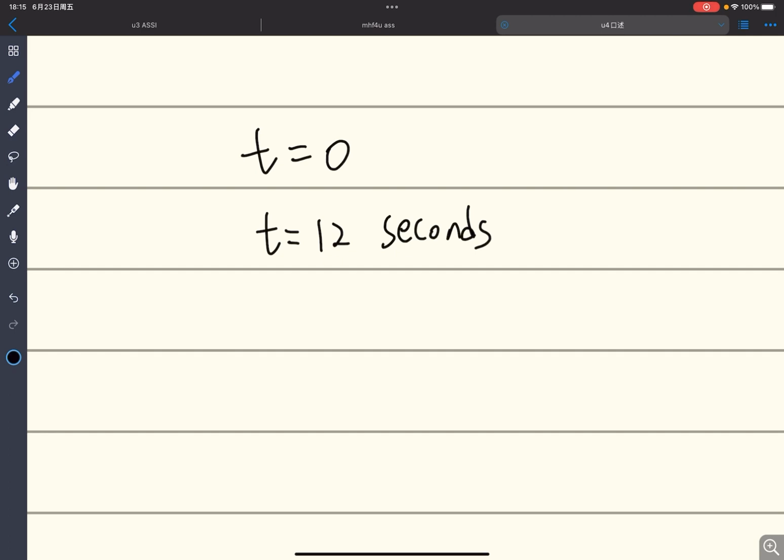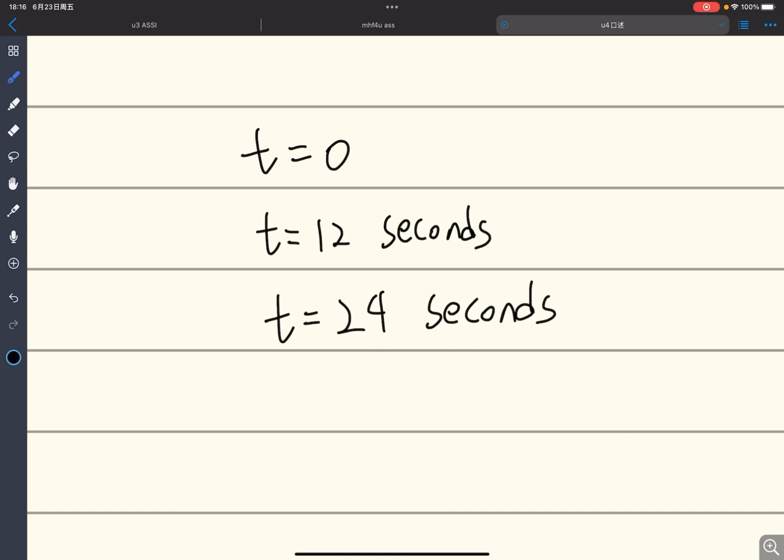And then it returns to its minimum height at the end of the cycle, t equals 24 seconds. This cycle is repeated with each rotation of the Ferris wheel.